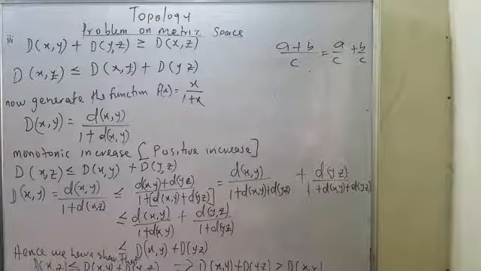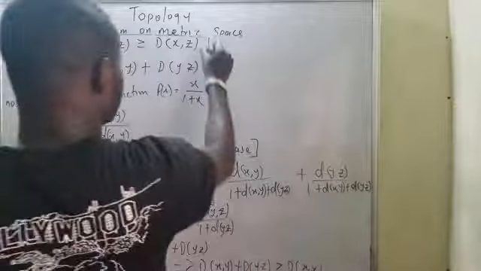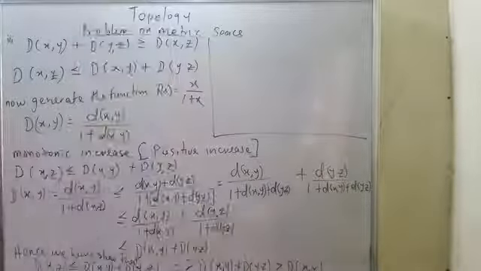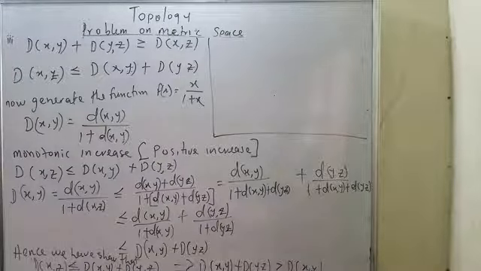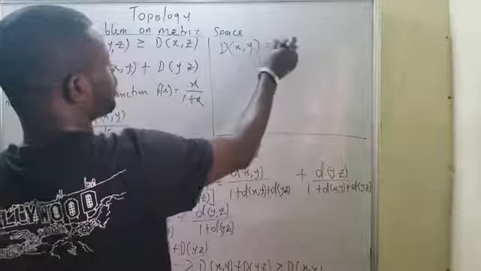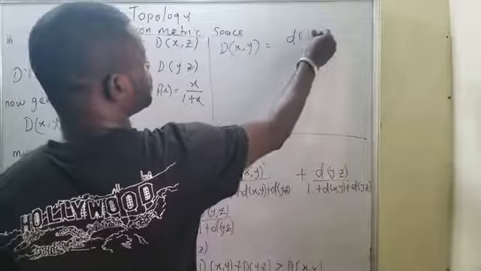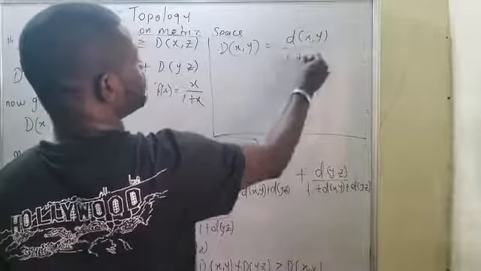Since I have this, permit me to use this part of the board. Now what I'm trying to do is that I have d of xy equals d of xy divided by 1 plus d of xy.